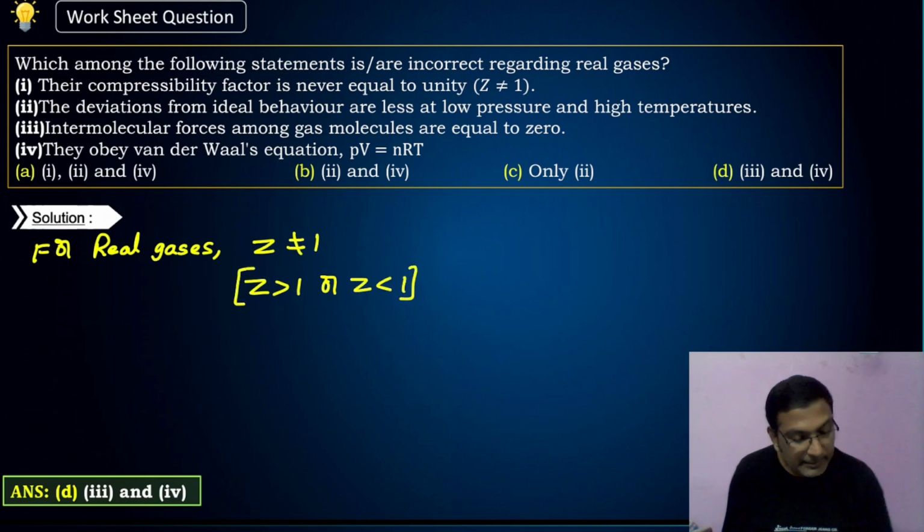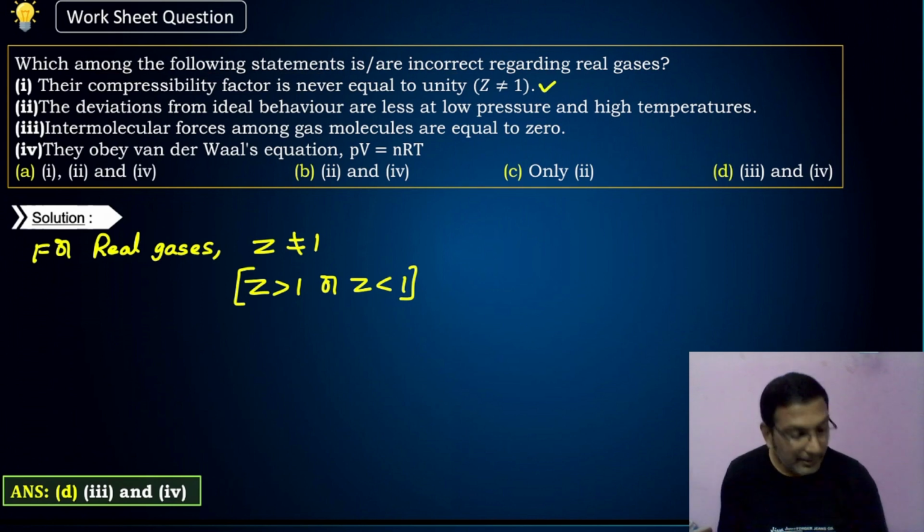Real conditions: their compressibility factor is never equal to unity. So that is a correct statement. The deviations from ideal behavior are less at low pressure and high temperatures. That is also correct.